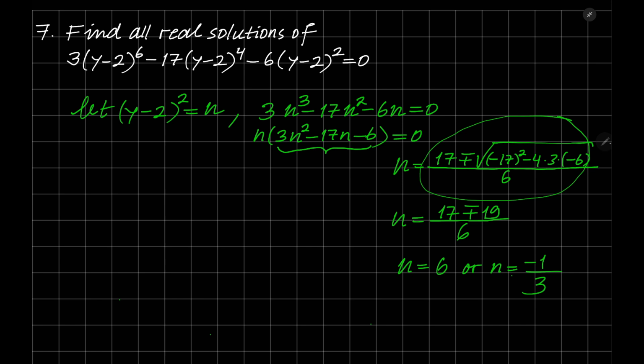Let's remember this equation. That means also n is equal to 0, because there is an n coefficient. In this case, if n is equal to 0, y minus 2 squared is equal to 0. That means y is equal to 2.